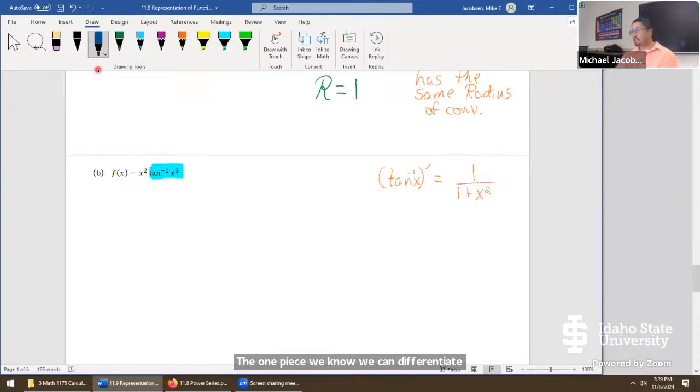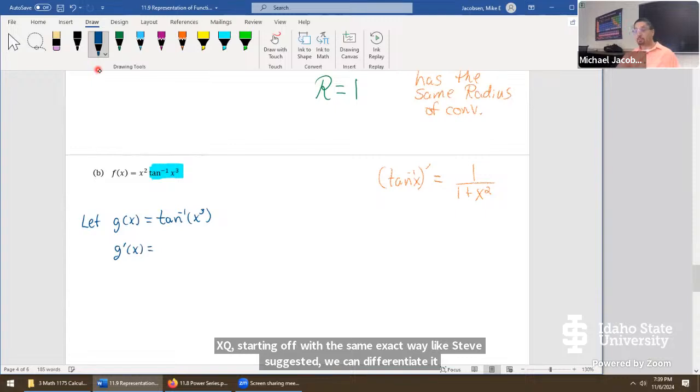So we start by saying, let some totally new function g of x be equal to tangent inverse of x cubed. Starting off the same exact way like Steve suggested, we can differentiate it.